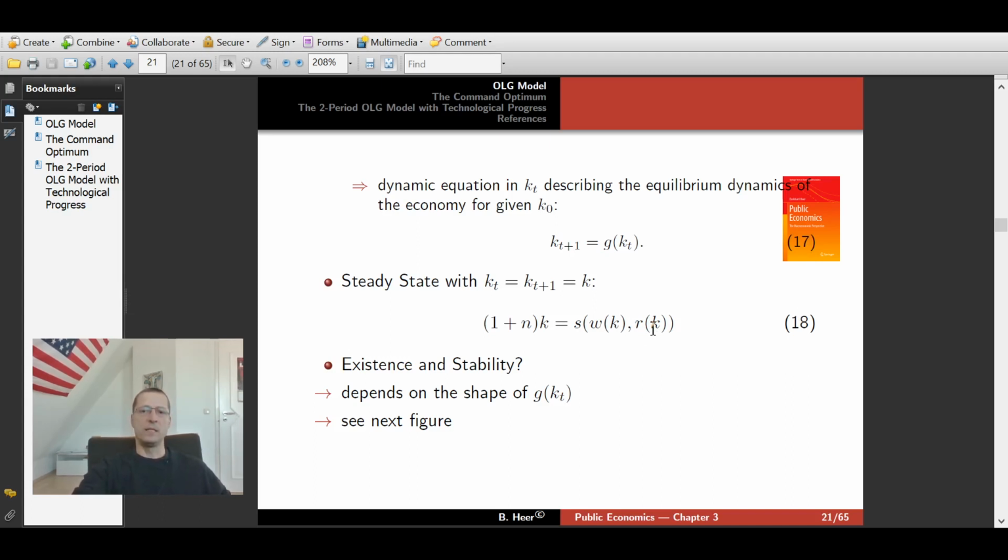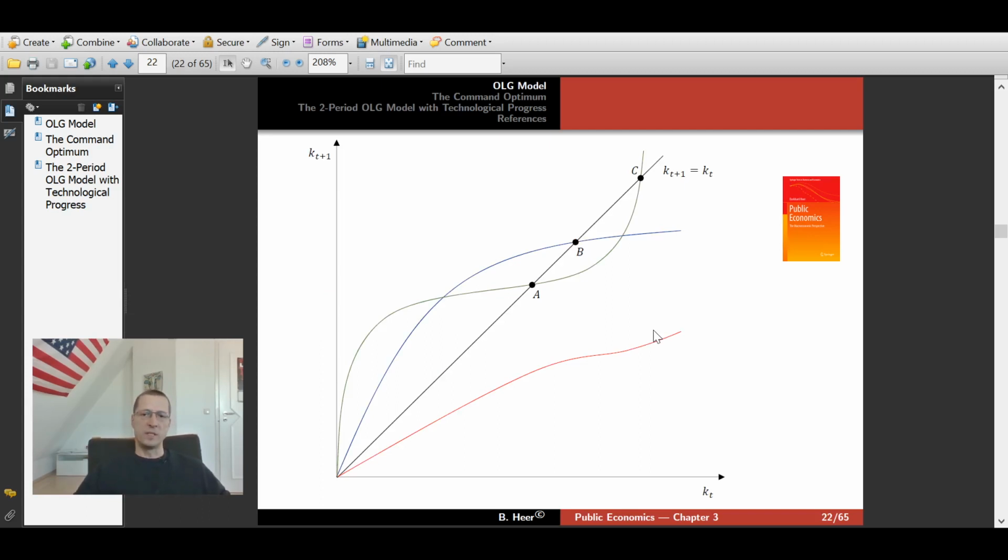And in dynamic systems, so more formally, this is a first order difference equation, and certainly nonlinear. Different possibilities arise. So here I graph G of K_t and take three examples, the red line, the green line, and the blue line.